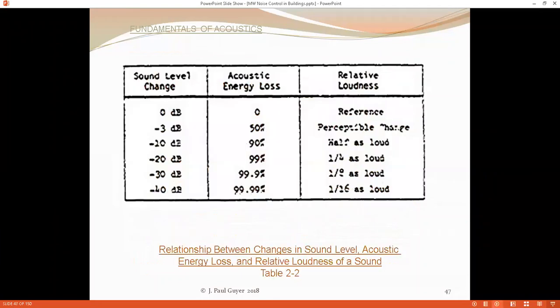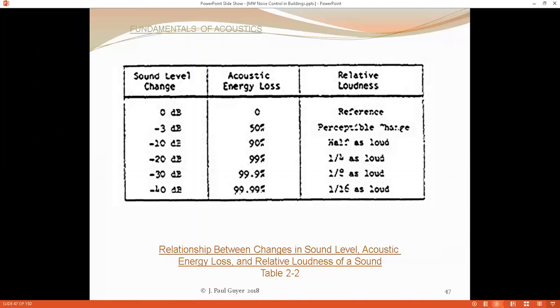Now let's look quickly here at this table that's not terribly clear, but it's what it is. This gives you a feel for how a human responds to changes in sound level.